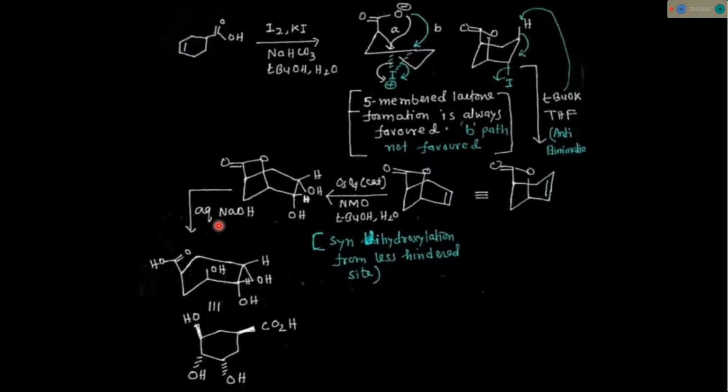Now if we treat this whole molecule, the lactone with the 1,2-diol, there is a lactone group. If we use aqueous NaOH, meaning hydrolysis, then OH minus attacks this group and this bond breaks, giving a carboxylic acid and an OH.